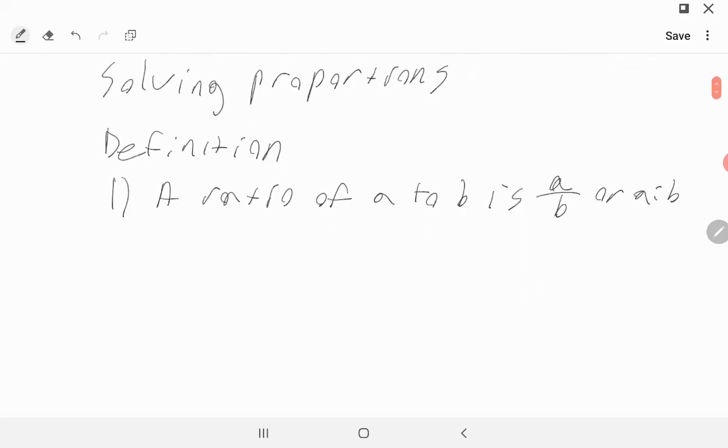The idea of a ratio is just relating quantities with like units.